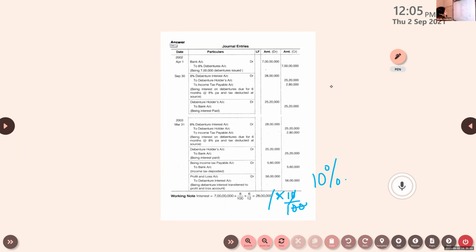So 7 lakh into 100, the face value, because it is issued at par. That will give you 7 crore. Then find out the interest. So 7 crore. Bank account debtor to 8% debentures account, the amount is 7 crore.